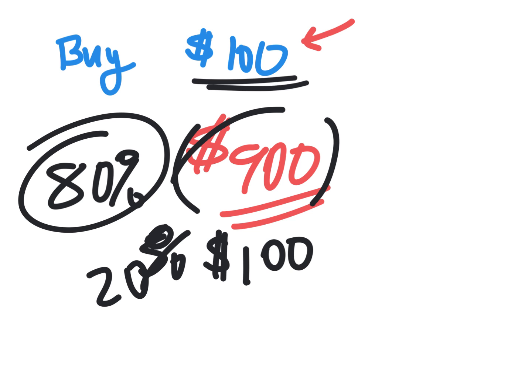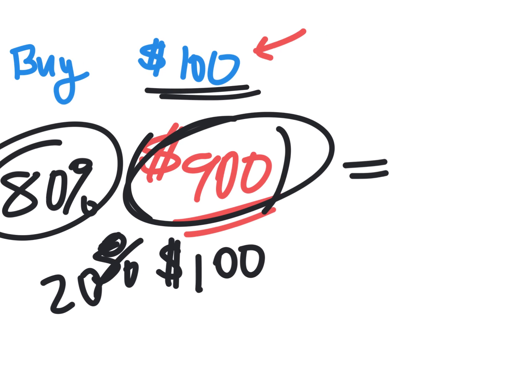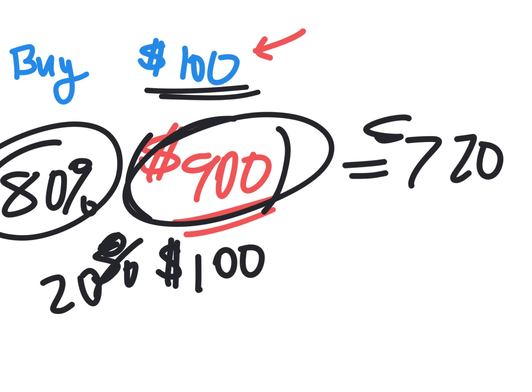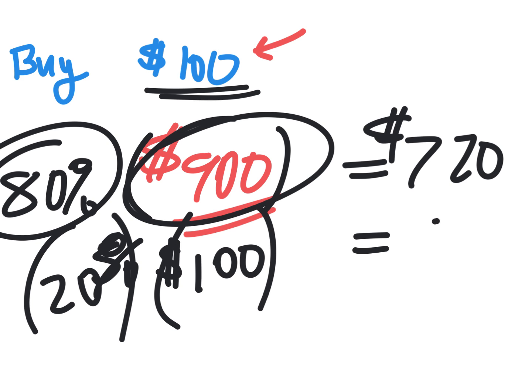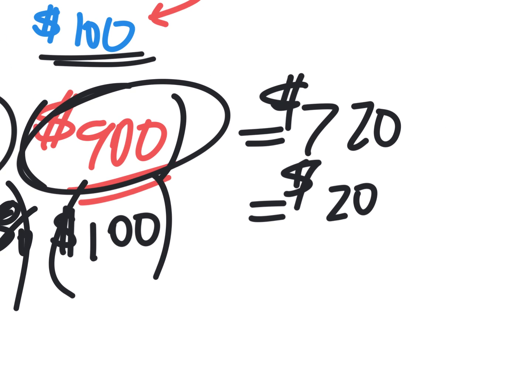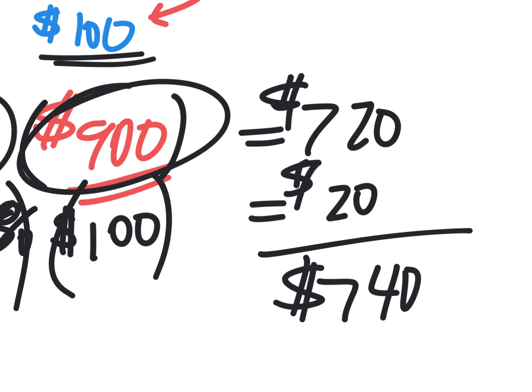Probability, amount. Probability, amount. And that'd be $740. And maybe that's what it costs.